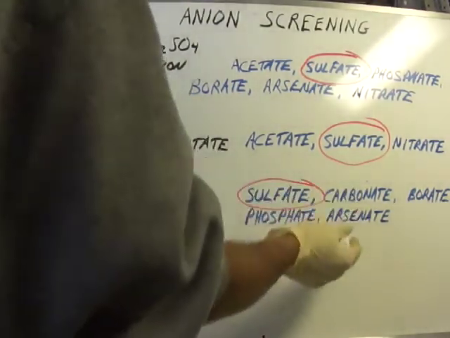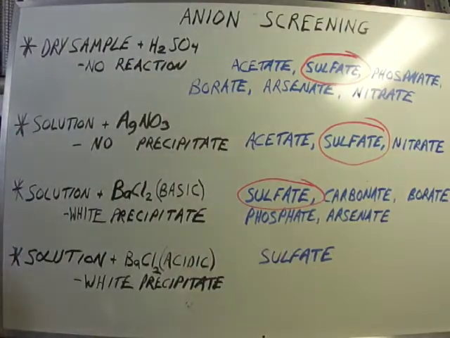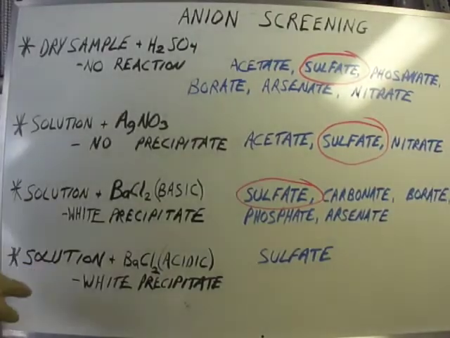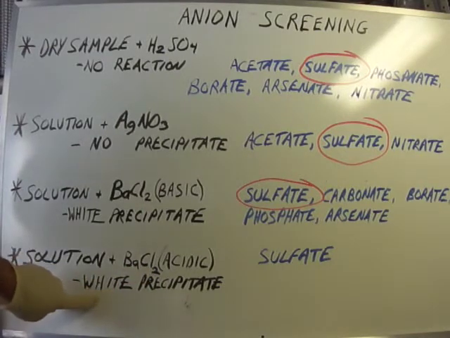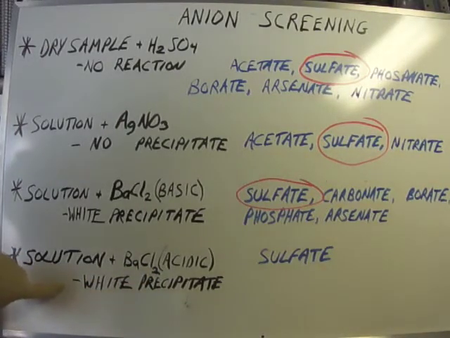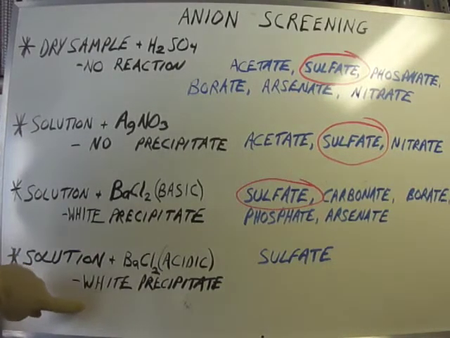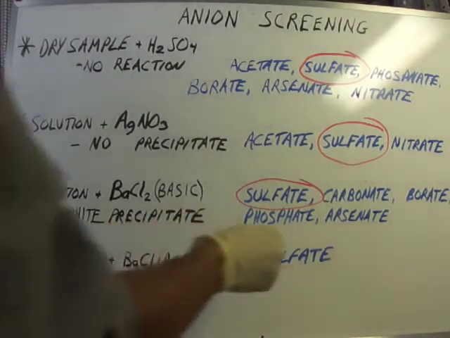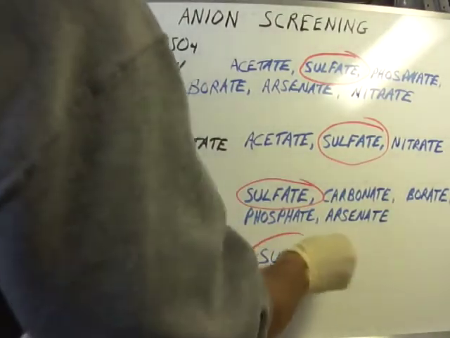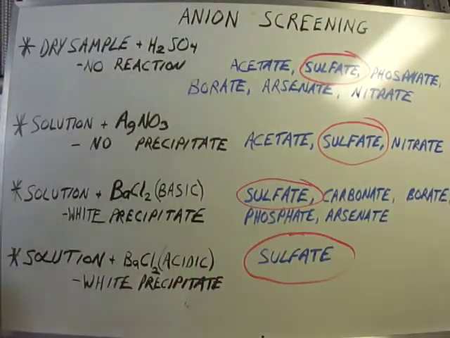There's no nitrate or acetate there. Then we made the solution acidic, and we still had the white precipitate. This is actually the confirmation test for a sulfate: adding barium chloride to an acidic solution and precipitating out barium sulfate, which is insoluble. So that confirms that it's a sulfate.